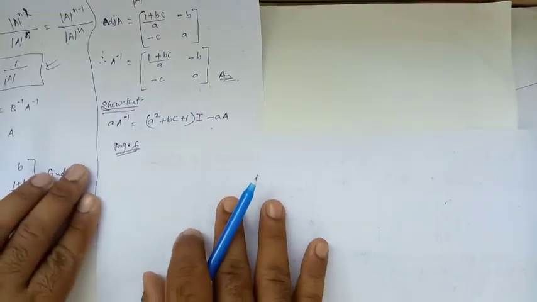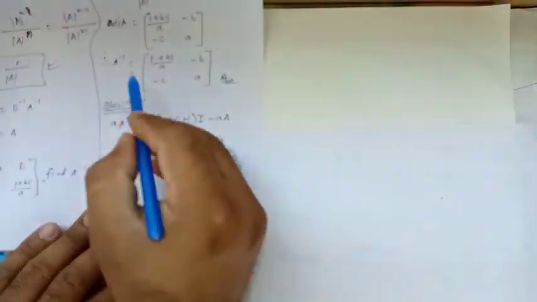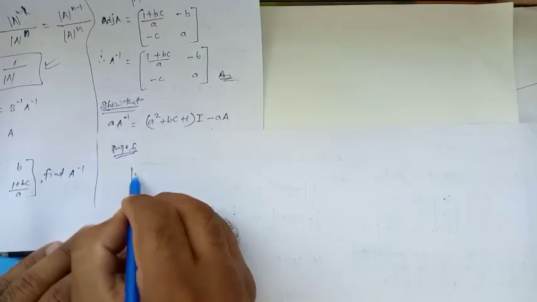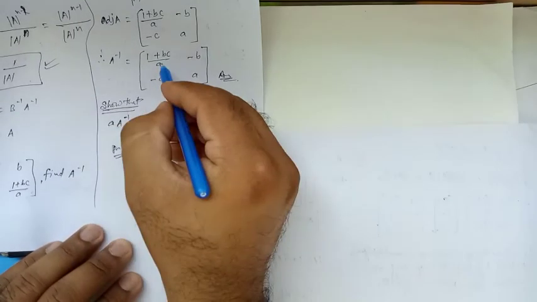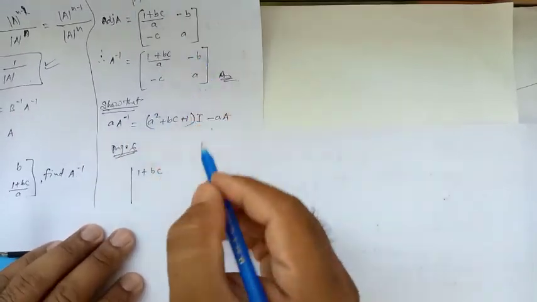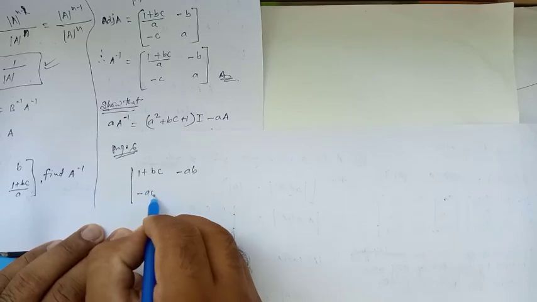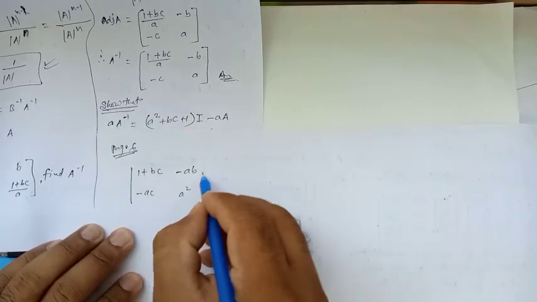As you can see, A into A inverse will give you 1 plus BC, A will get cancelled, this will become minus AB, this will become minus AC, this will become A square.